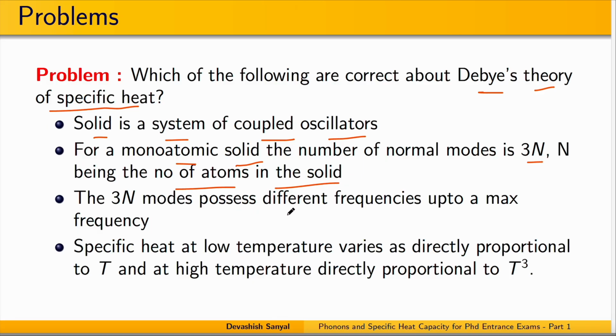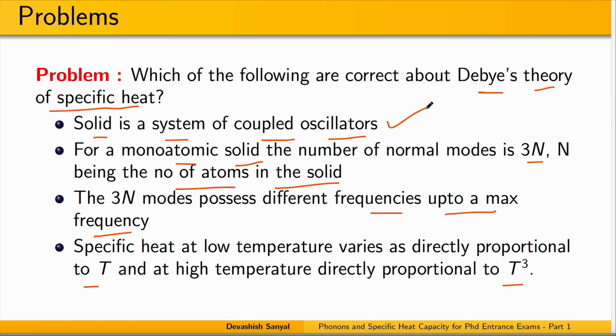Three: the 3N modes possess different frequencies up to a maximum frequency. Four: specific heat at low temperature is directly proportional to T, and at high temperature is proportional to T cubed. Now which of these are correct? In Debye's theory, the first is correct.